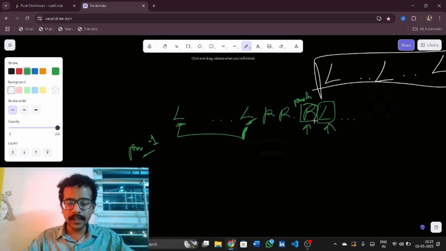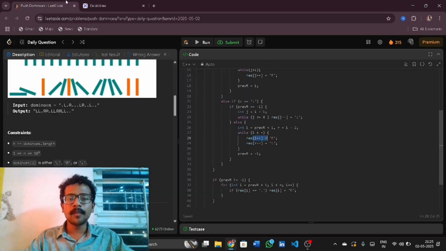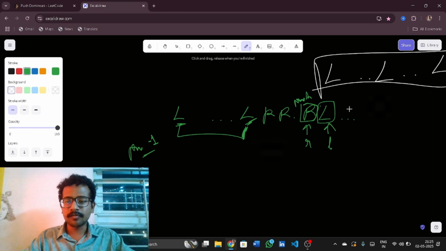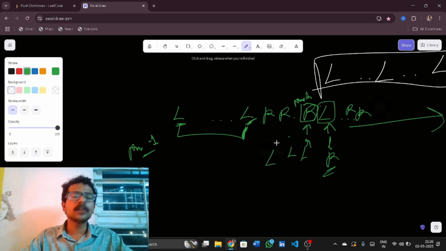Here it will be the left pointer, here it will be the right pointer. If you see clearly, previous R plus 1 will be the left pointer and R is equal to the right pointer, which will be I minus 1. While left is less than or equal to R, result L plus plus will be R. Here it will be R, and then here it will be changing till the end, and here it will be L till the start.